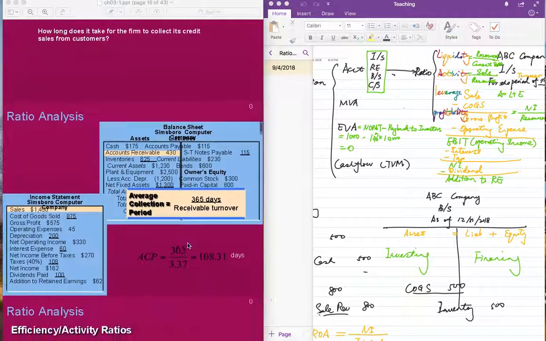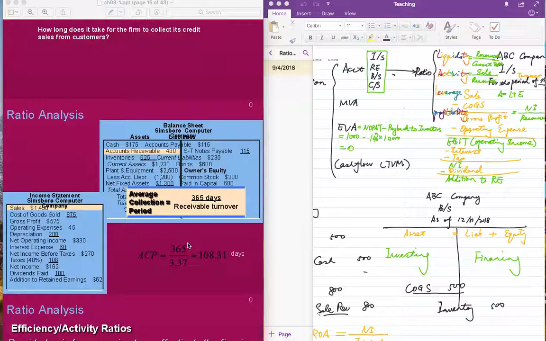So in this example, it is 108 days. So it takes our firm, the SimSparrow Computer Company, 108 days, a little bit over 3 months, to collect cash from their accounts receivable.